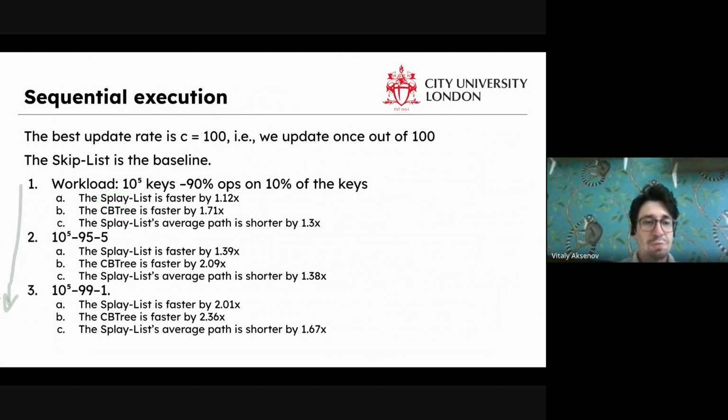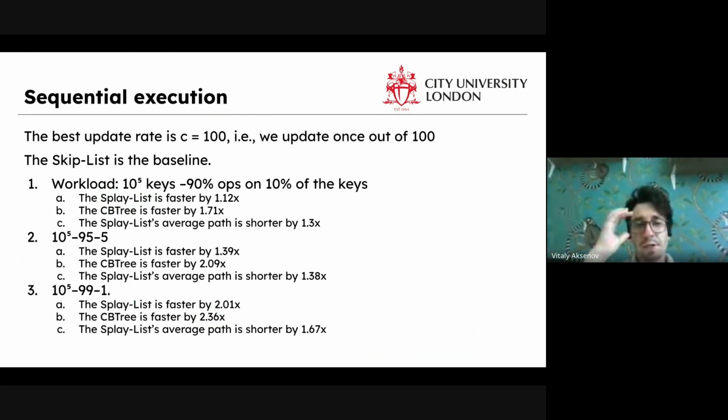For the most skewed workload, CBTree is faster by 2.36, while our Splay-List is faster by 2.01. That is expected, because SkipLists are much slower in terms of everything than the binary tree.